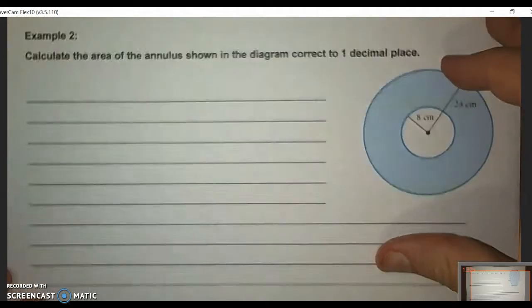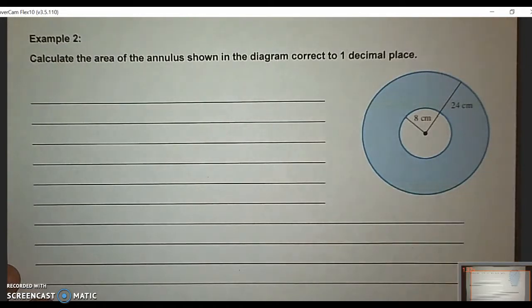Example 2, we're going to look at calculating the area of this annulus. So we have the large circle and we have the small circle.